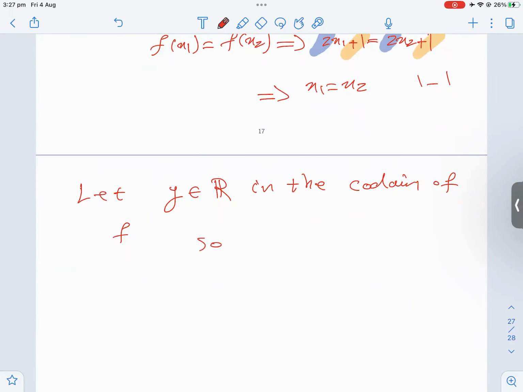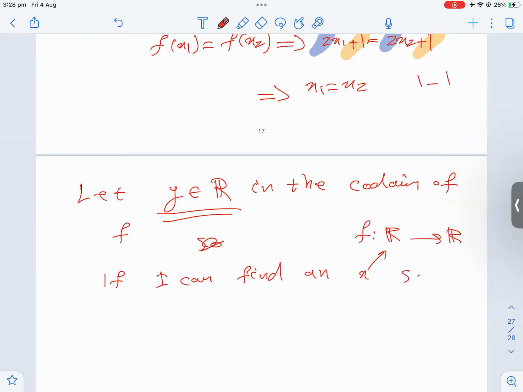If I can find an x in R, the domain of f from R to R, such that f of x is y, then f is surjective, or onto.